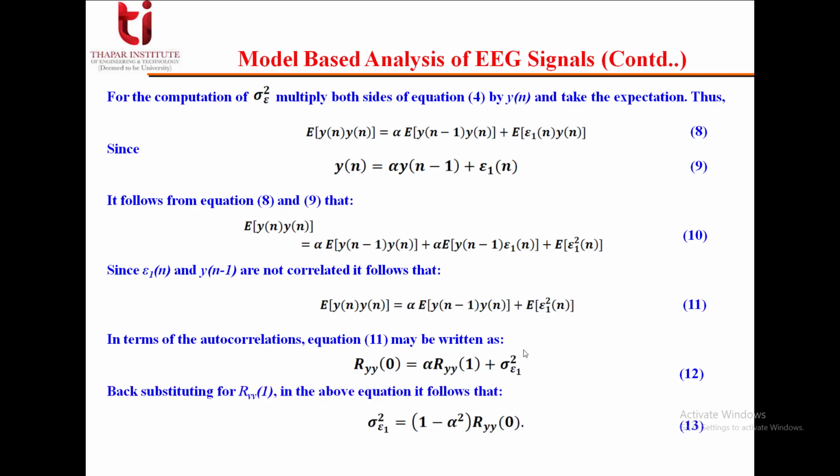So we can calculate this value: if you write RY1 in terms of alpha RY0, we can substitute and calculate the variance as 1 minus alpha square into RY0.